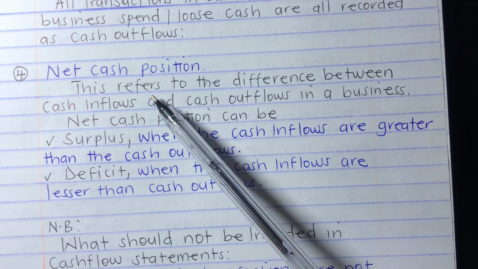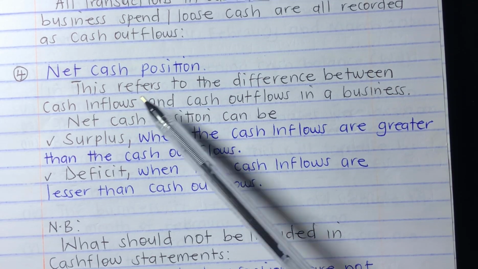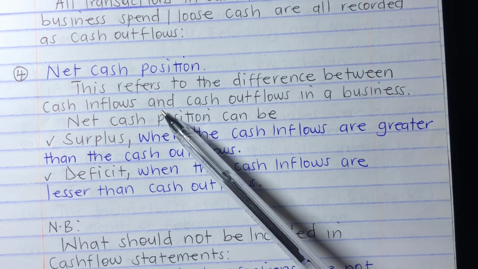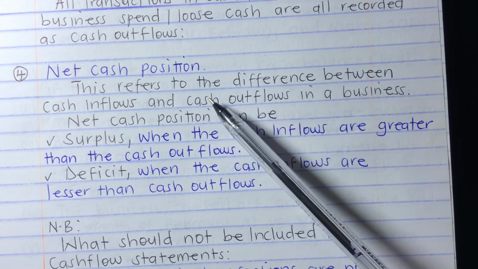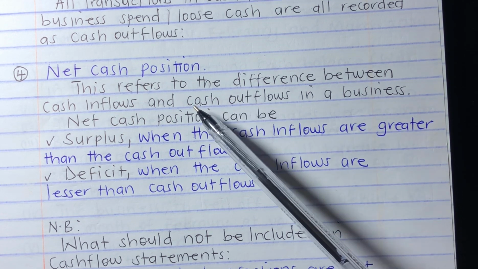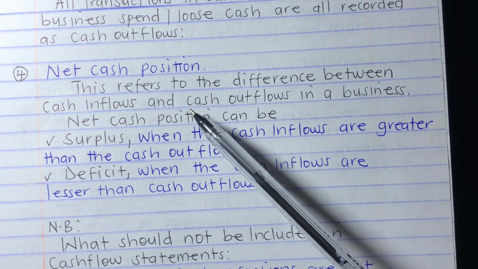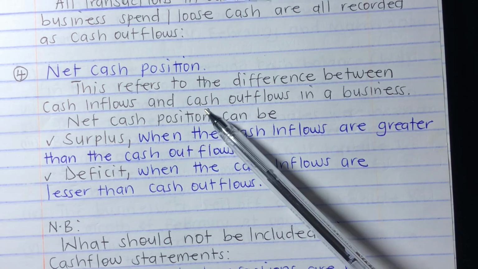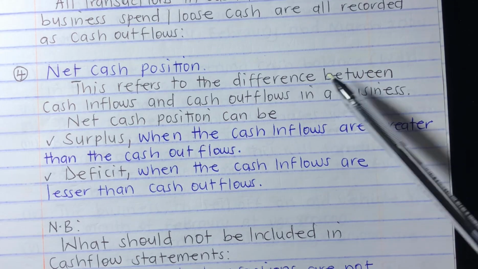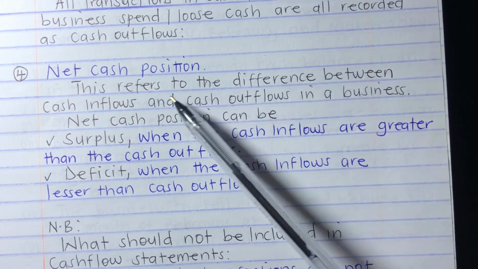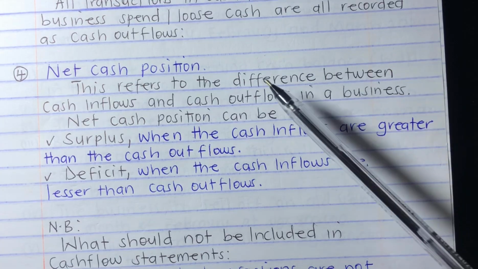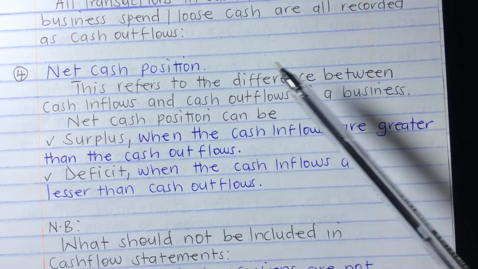If the business has received, let's say, 1 million in the month of January, and it has spent out, let's say, 500,000 in the same month, we take the 1 million minus the 500,000, and that is our net cash position. So the difference between the cash inflows, or money received, and the money spent out in a business is what we call the net cash position.